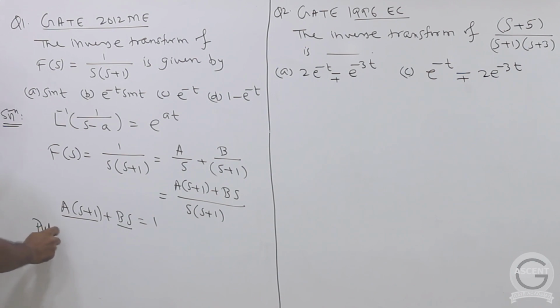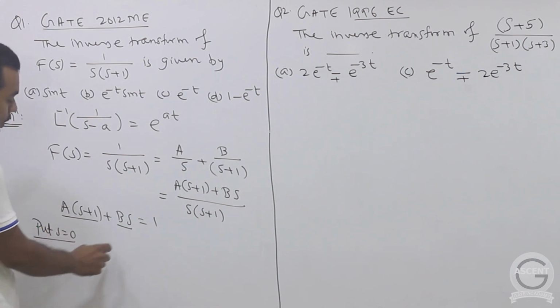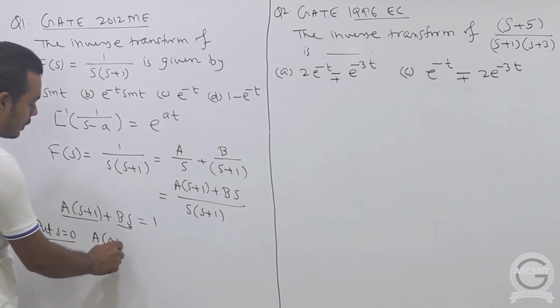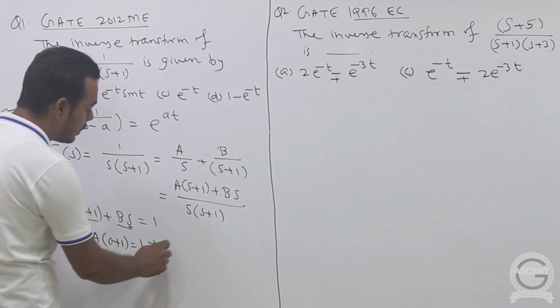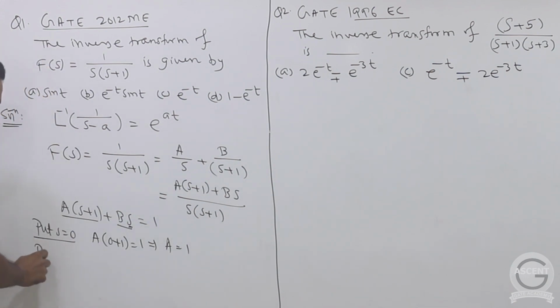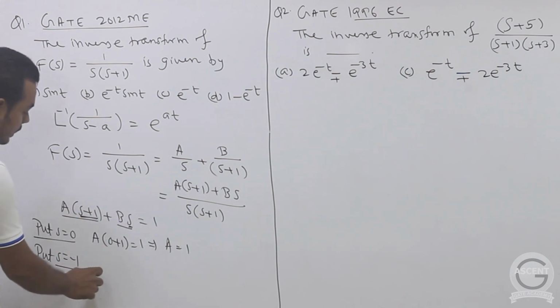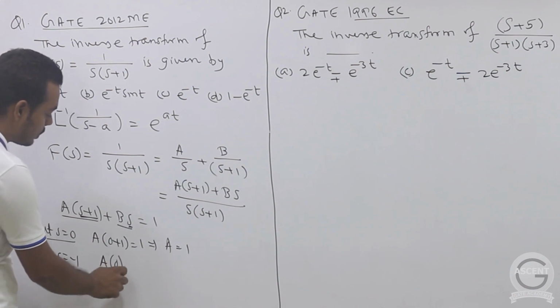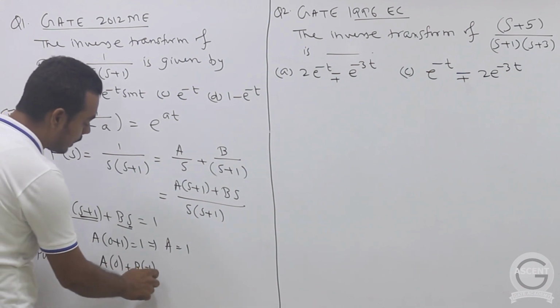So if I substitute s equals to 0 here, then I will get a into (0 plus 1) is 1. So this means the value of a will be 1. And if I substitute s equals to minus 1 here, because then this term will become 0, we will get the value of b. So if I substitute s equals to minus 1, then I will get a into 0 plus b into minus 1 is 1.